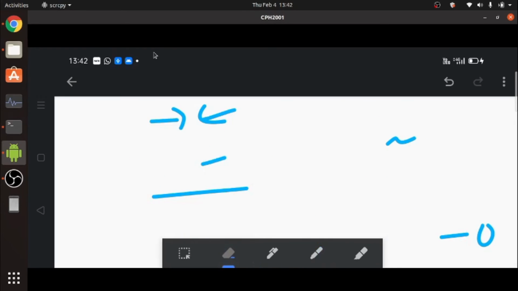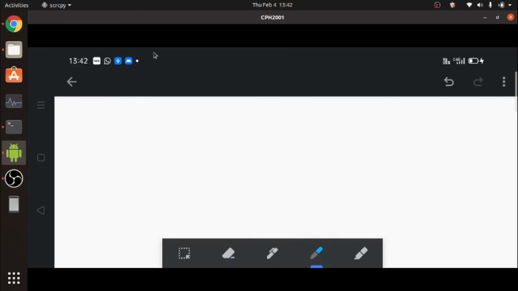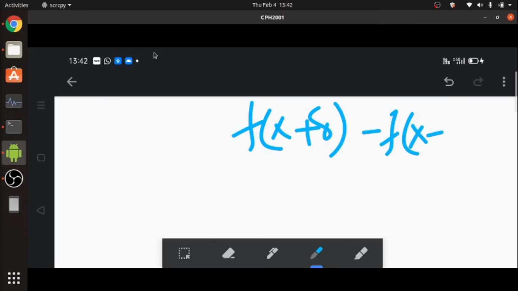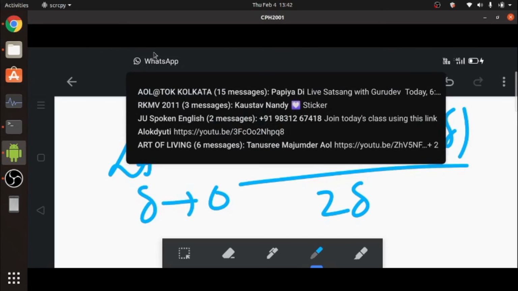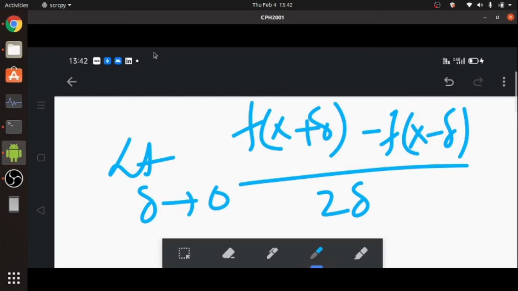So we'll apply this concept to what we have found, that is f(x plus delta) minus f(x minus delta) by 2 delta. We'll say delta is tending to 0, like the points are very close to each other, and this is what is called the derivative of a function.